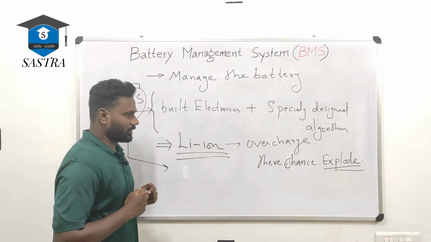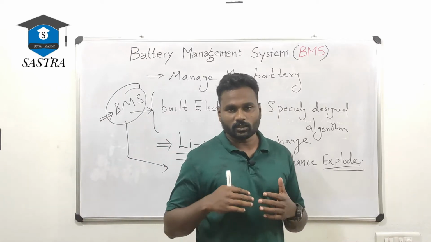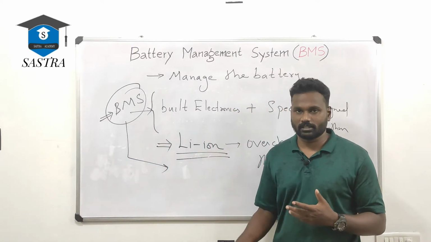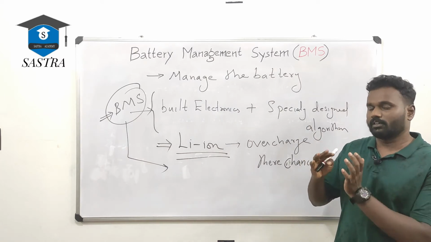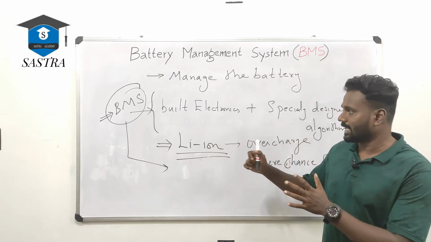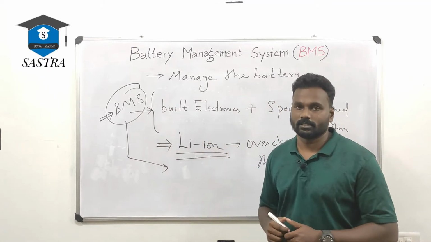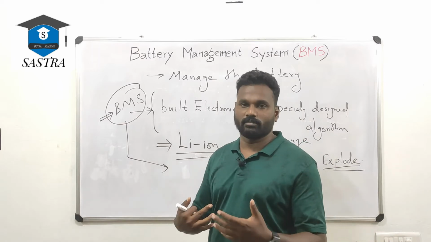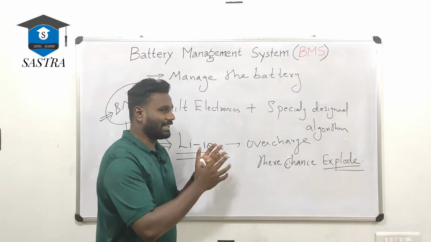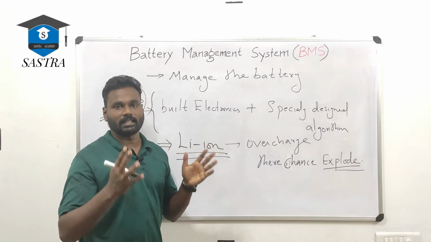Next we are going to the next topic, that is electric vehicles. First of all, we are mainly concentrating on the battery management system in the case of electric vehicles. So before going to the parts or the parameters of the battery, we are going to electric vehicles and the types of electric vehicles.